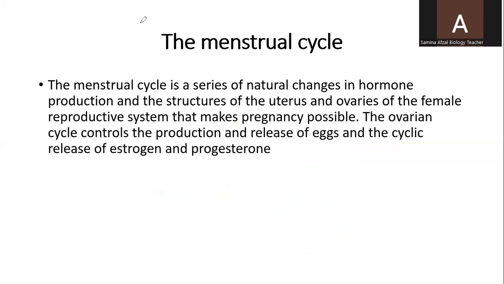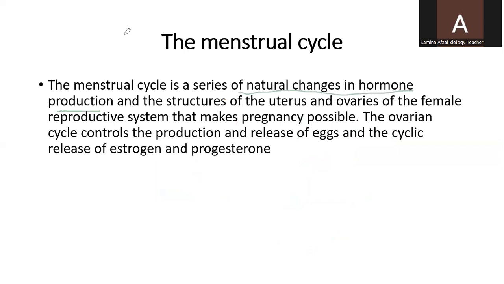Now the menstrual cycle takes place in the female when they are mature enough to reproduce. So this menstrual cycle is a sign. The menstrual cycle is a series of natural changes in hormone production.